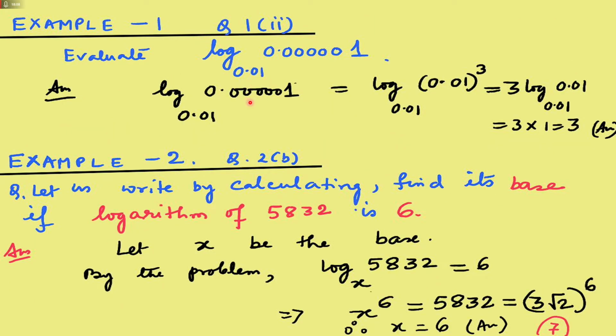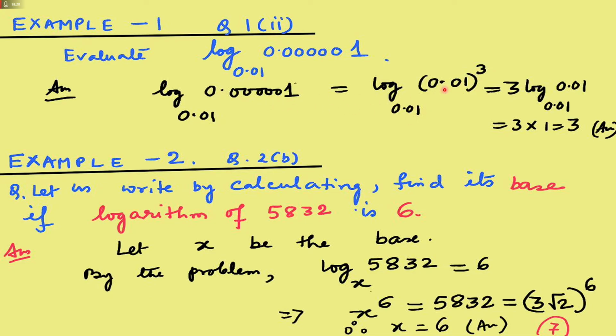So our target will be to express this value as its base value. So I am trying to express it as 0.01 whole cube, and you can find this number.